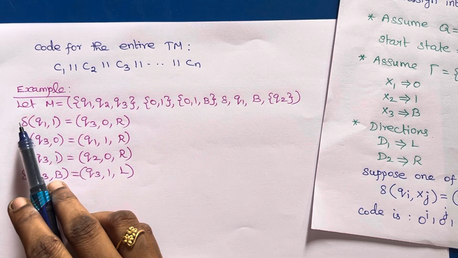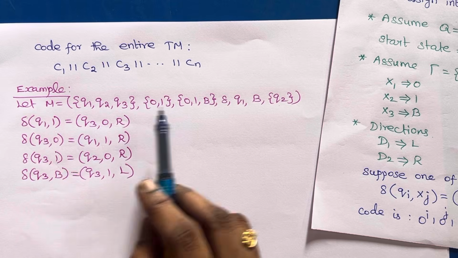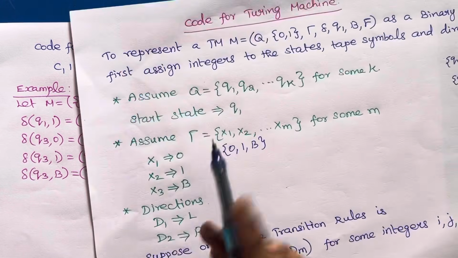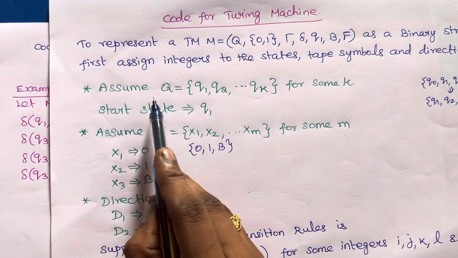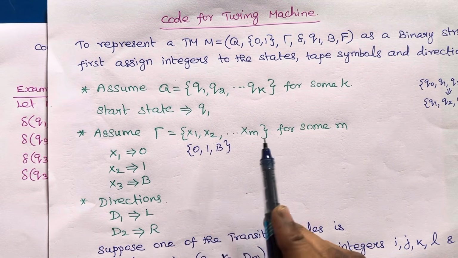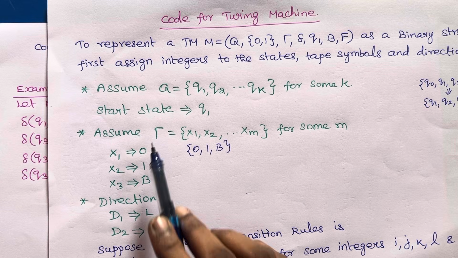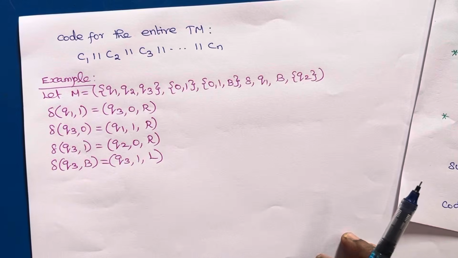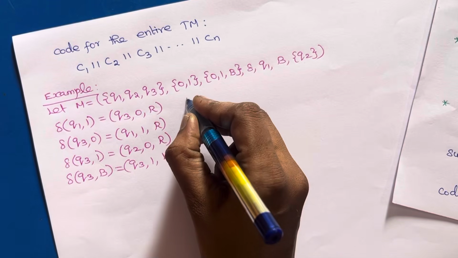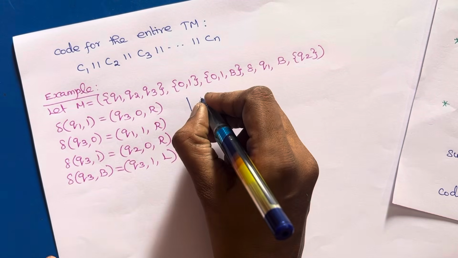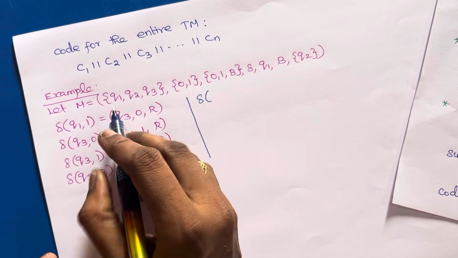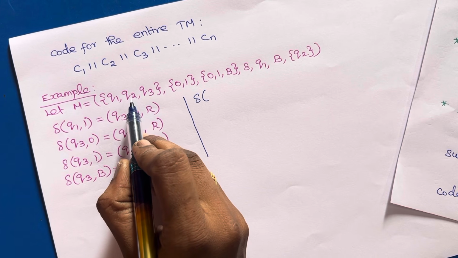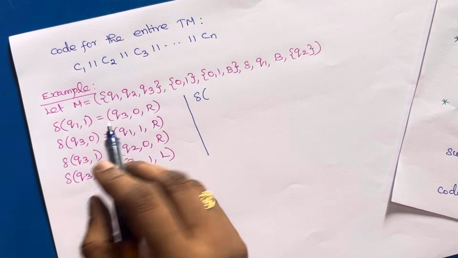So for example, consider this given Turing machine with a list of transition rules. First we have to assign Q1, Q2, up to Qk for the set of states, x1, x2 etc. for tape symbols, then D1 and D2 for directions, right? So we can rewrite these transition rules. Here the states are Q1, Q2, Q3 only, so there is no need to change anything.